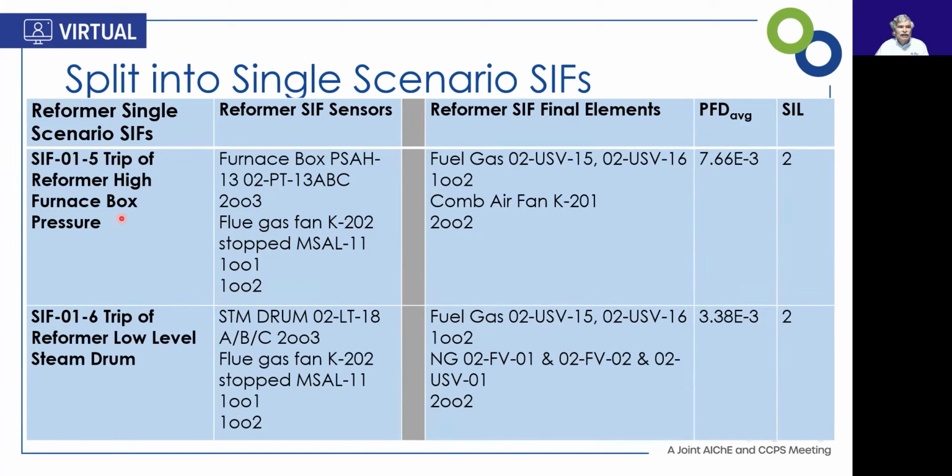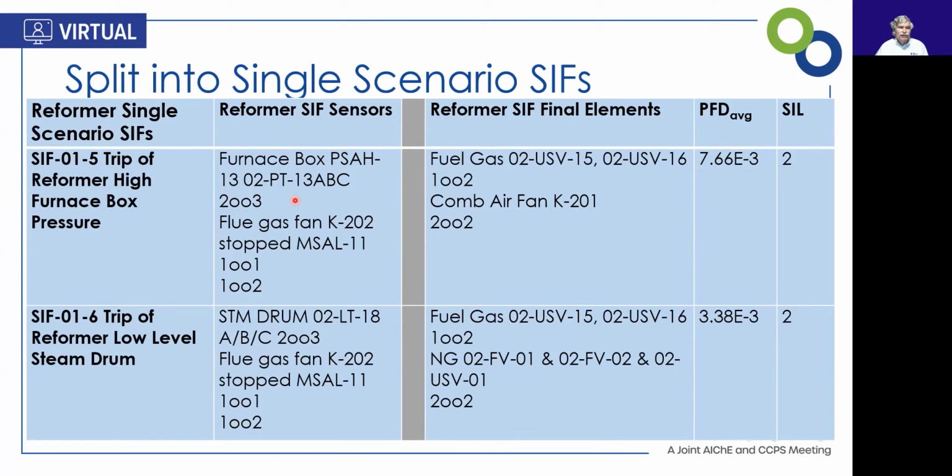The sub-SIF number 5, we're concerned about high furnace box pressure because that indicates that the flue gas fan is probably stopped or malfunctioning. And we're going to overheat the catalyst. So that can be detected by the furnace box high pressure switch.